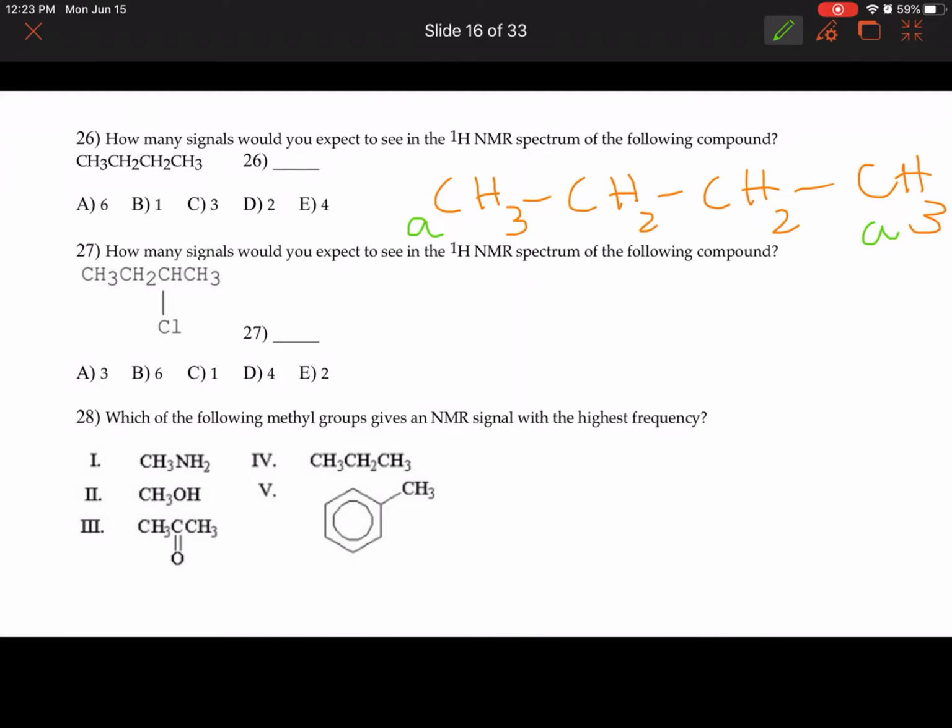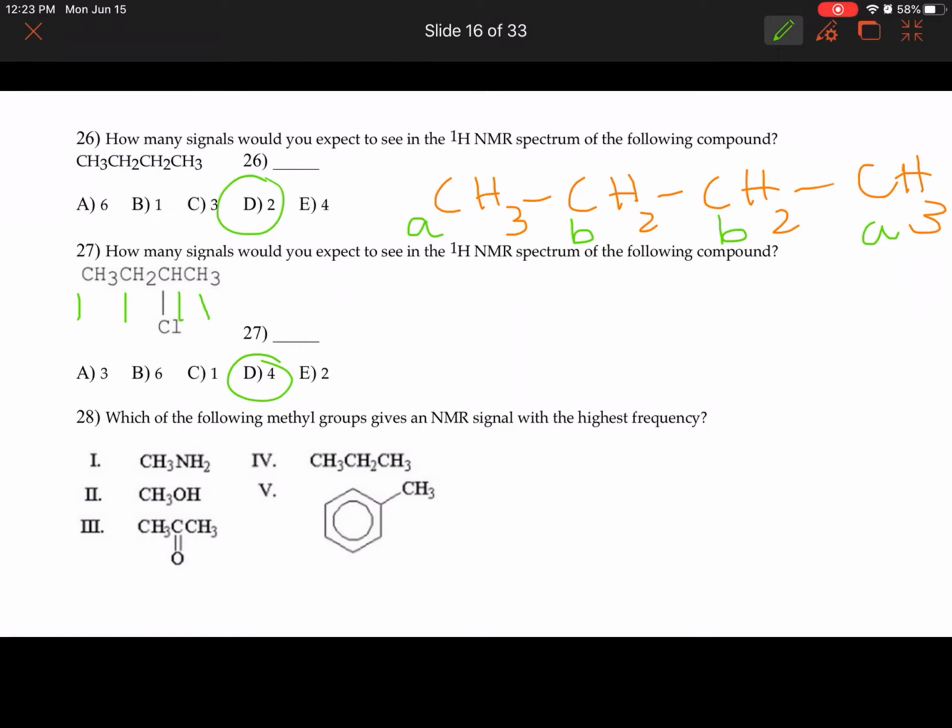So the 2 CH3 groups on either side are in the same chemical environment, and the 2 CH2s will be experiencing the same chemical environment. So we have 2 signals because 2 methyl groups will give us 1 signal, 2 methylene groups, CH2 groups, will give us another signal. So there are going to be 2.